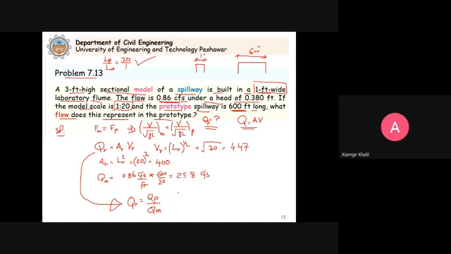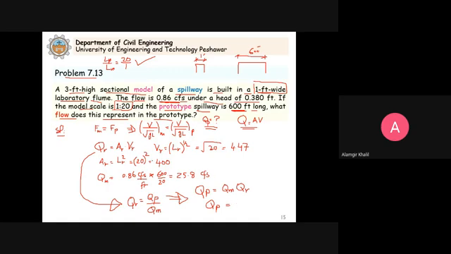So now from here, we can say that QP is equal to QM into QR.